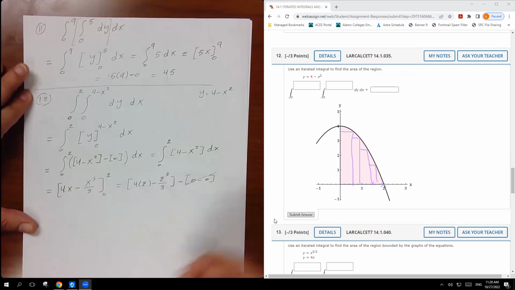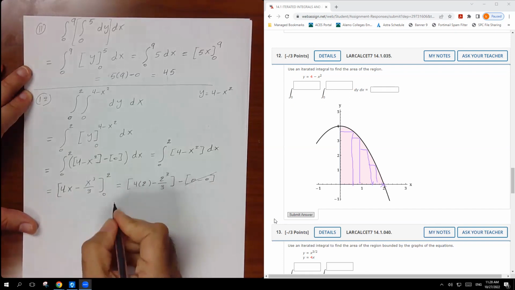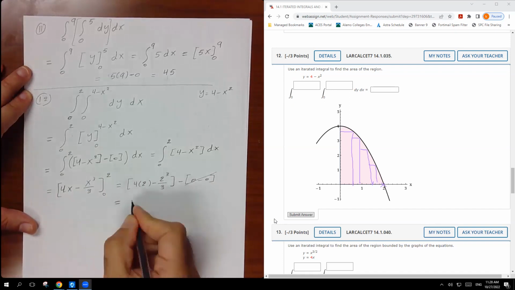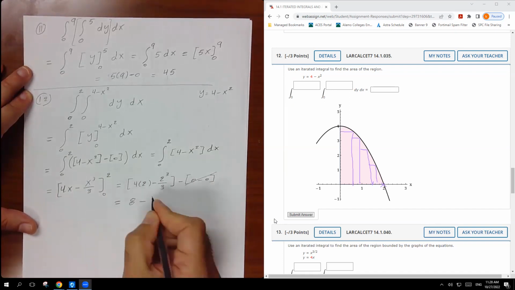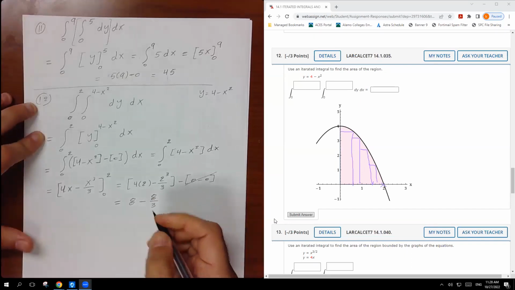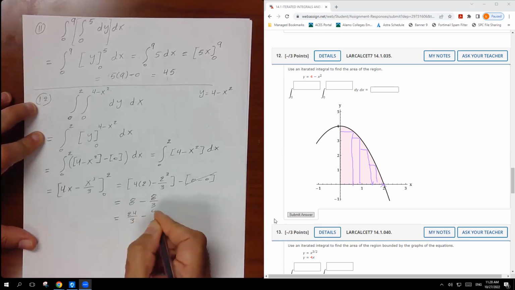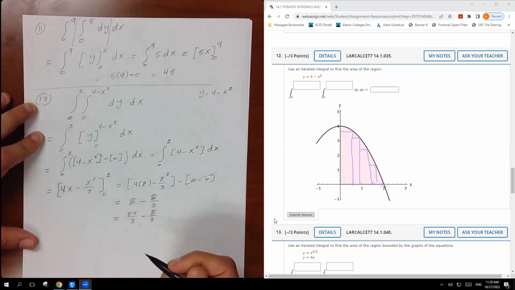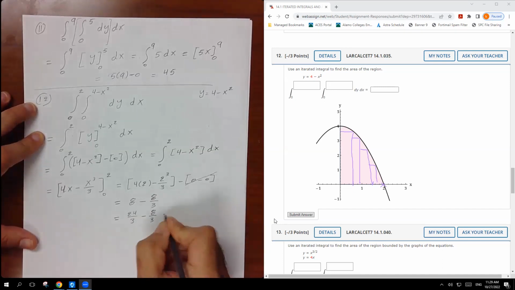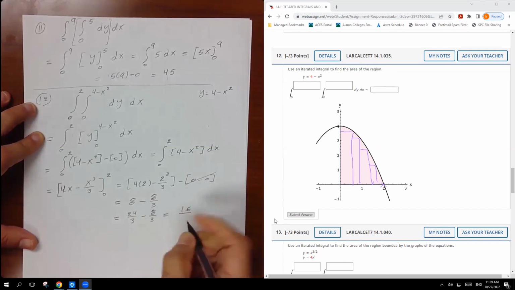So this one is 0. That means this one is going to be 8 minus 8 over 3, which equals 24 over 3 minus 8 over 3. I'm just finding the common denominator here. Now 24 minus 8, so it's going to be 16 over 3.